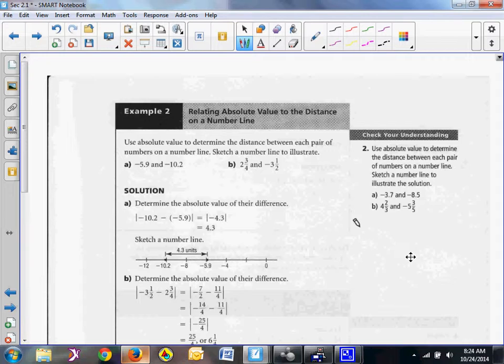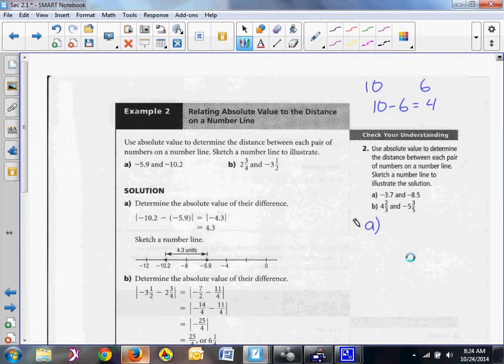You guys don't need to sketch the number line. Just to show what I mean, say I had 10 and 6, and I wanted to find the distance between those. Well, I would just take 10 and subtract 6, and we get 4. So we're going to use that same idea to find our answer for number 2.